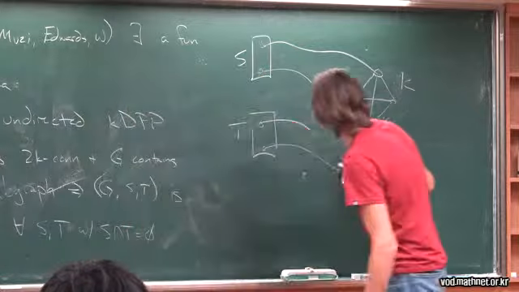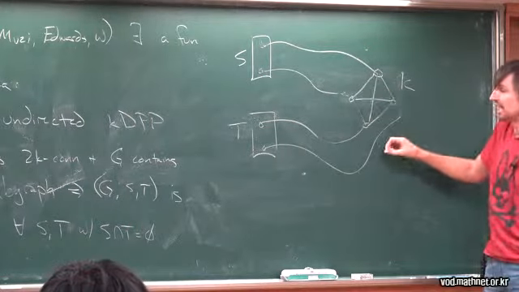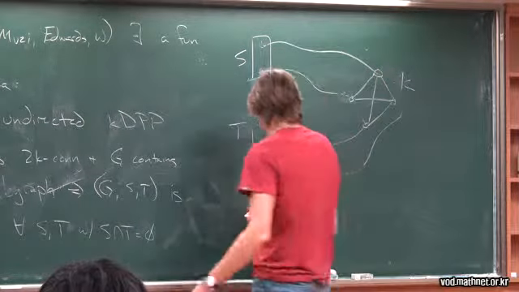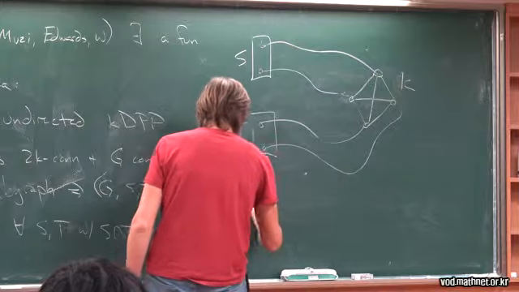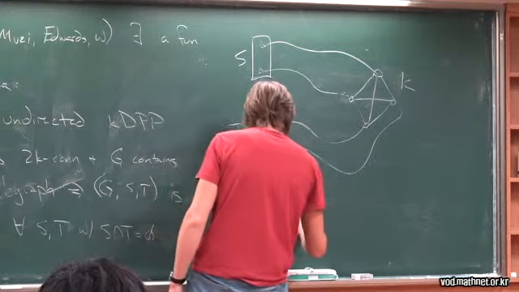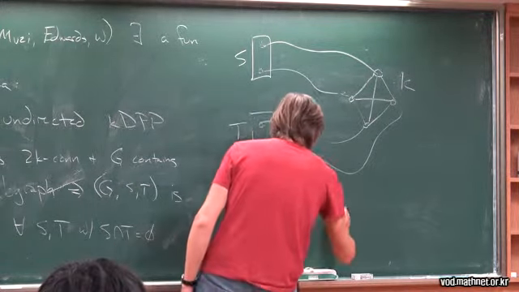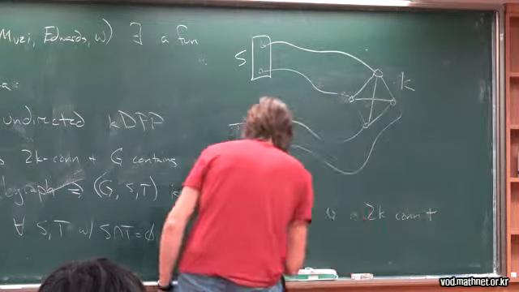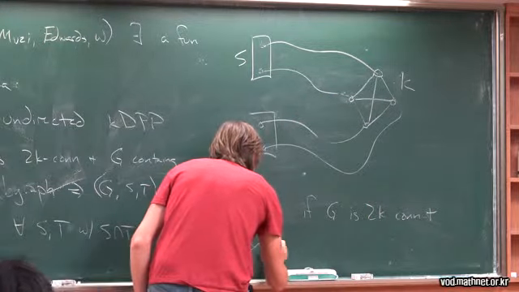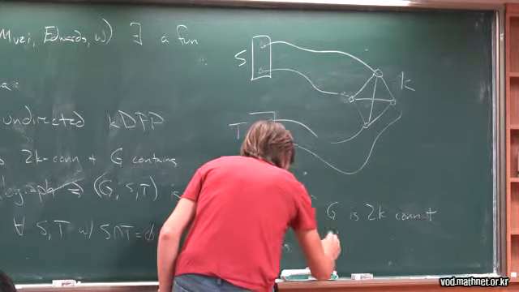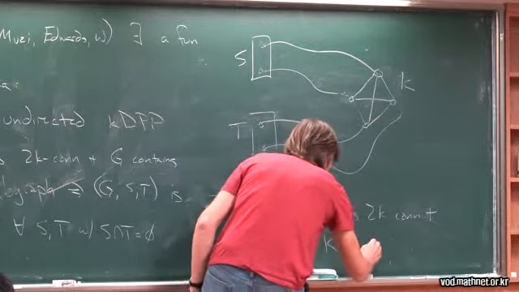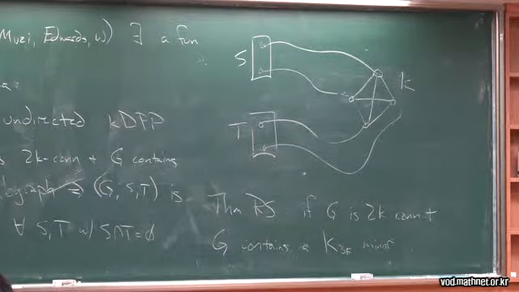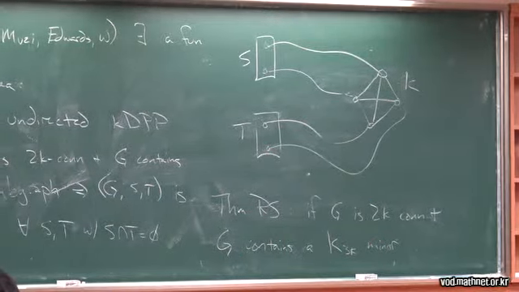So that's great. Unfortunately, requiring the graph to have a big clique subgraph is too strong a condition. So it's a theorem of Robertson and Seymour, which is that if G is 2K connected again, and G contains a K_{3K} minor, then the same condition, the same outcome holds.